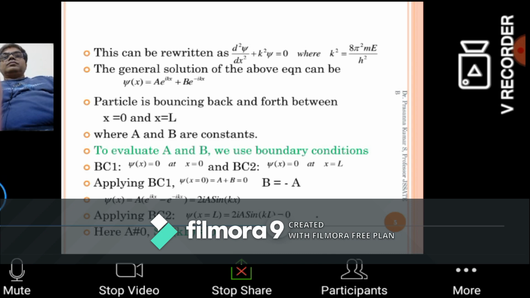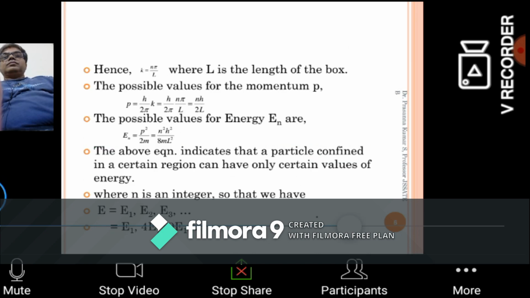So you got two things here, a and sin kL. Either one is sufficient to have the right hand side 0, isn't it? I can't have a equal to 0, I can have only sin kL equal to 0. So you know from mathematics, if sin kL is equal to 0, then kL is equal to n times pi.